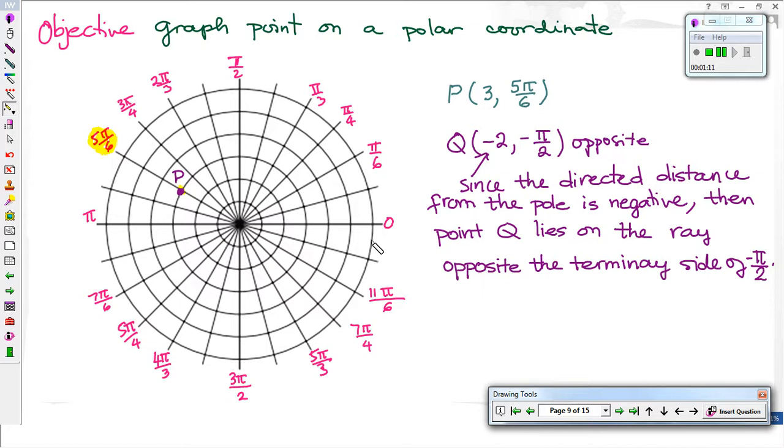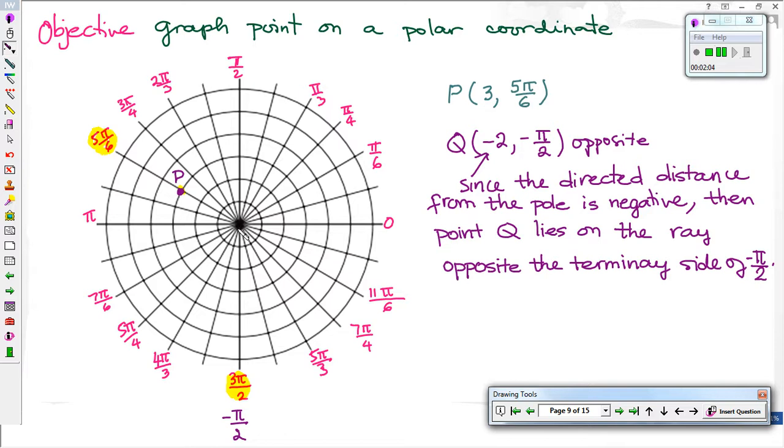Now you are not going to see negative pi over 2 directly, because the way we label this, we label positive angles going counterclockwise. So when you go here, at 3 pi over 2, that would be the same thing as negative pi over 2.